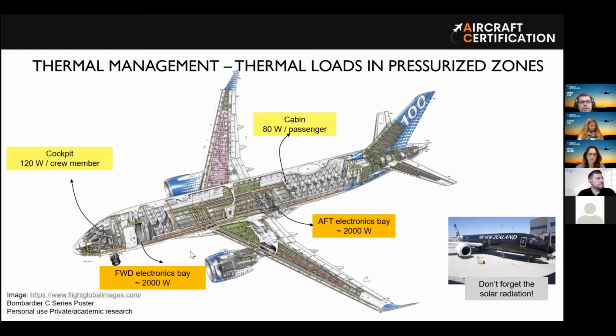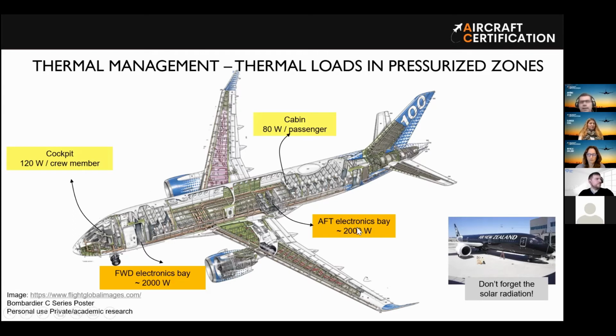And sometimes, of course, those thermal loads will change a lot with the specific flight condition. When it's very cold, those loads actually help. But when it's very hot, they will not help, and they will heat the cabin. So we have to manage that.